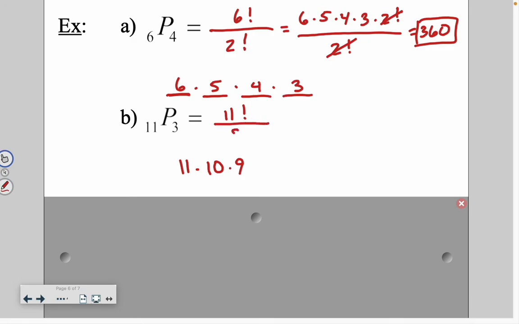The bottom number would be 8 factorial, the difference between the two. Okay, that's just using the formula from the previous slide. If you do it the longer way, you end up with 11 times 10 times 9, and now the 8 factorials cancel out. And there it is, same thing, 11 times 10 times 9. Okay? What do we get for that one? What is it?